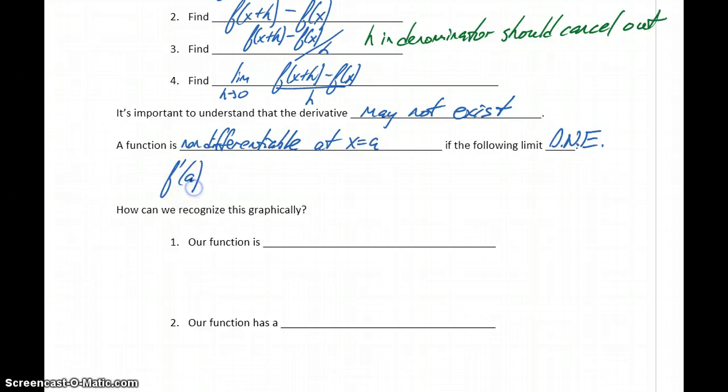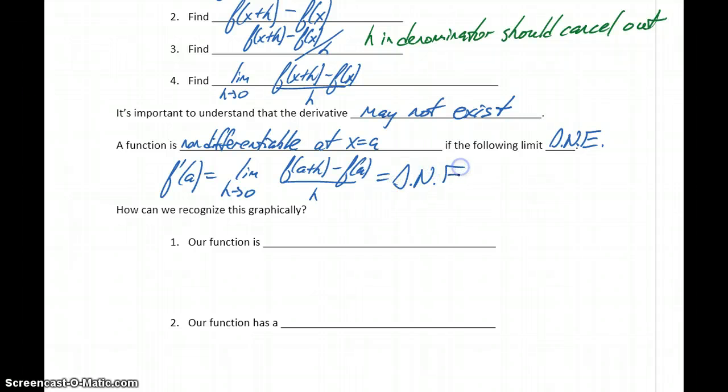So if we consider the derivative of our function f at a, so f prime of a, equals the limit as h approaches 0 of f of a plus h minus f of a over h, that is a limit that does not exist.